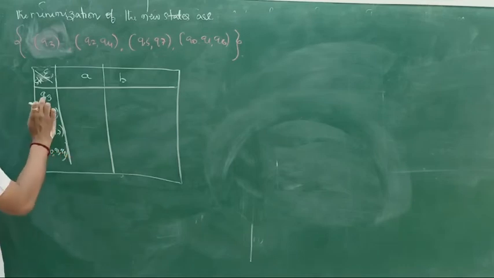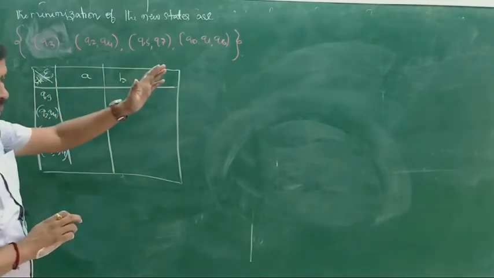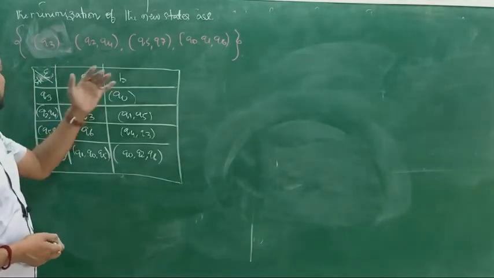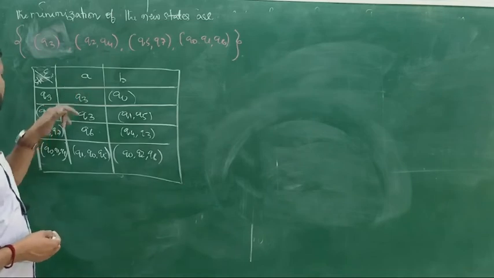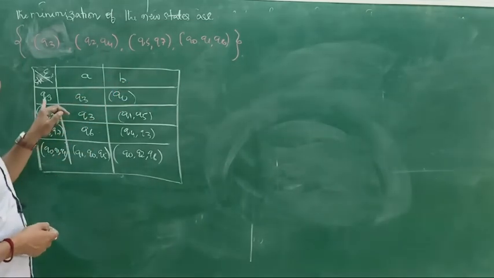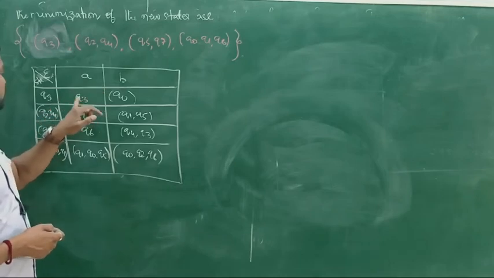So Q3 of A is equal to Q3, Q3 of B is equal to Q0.